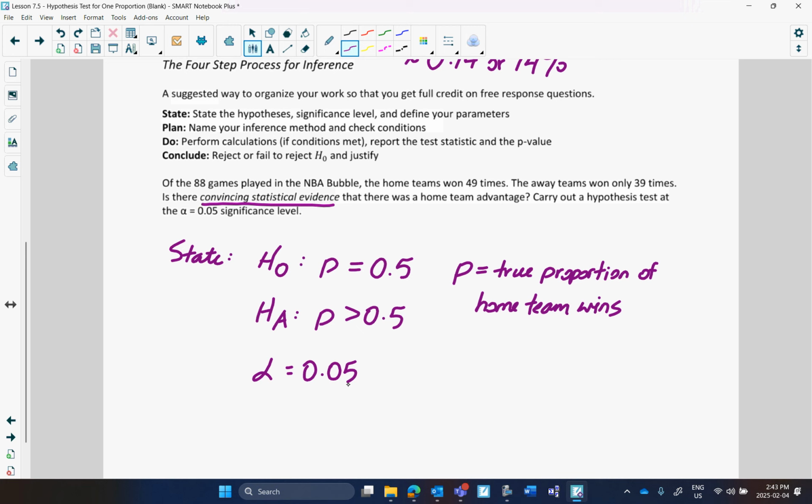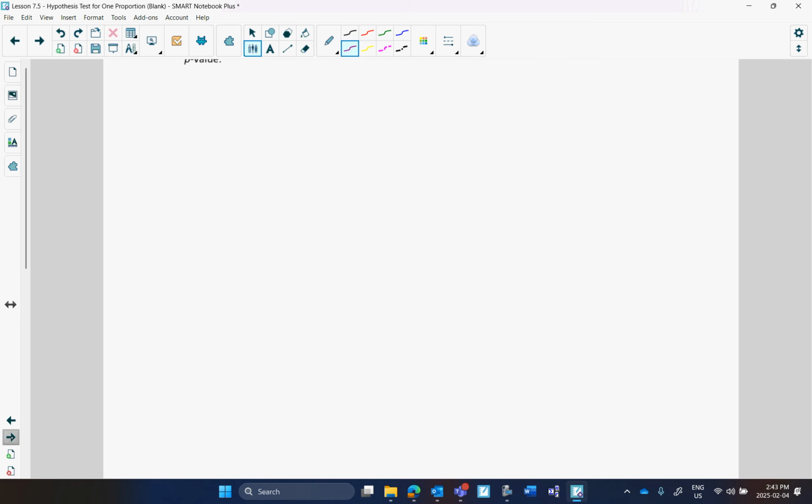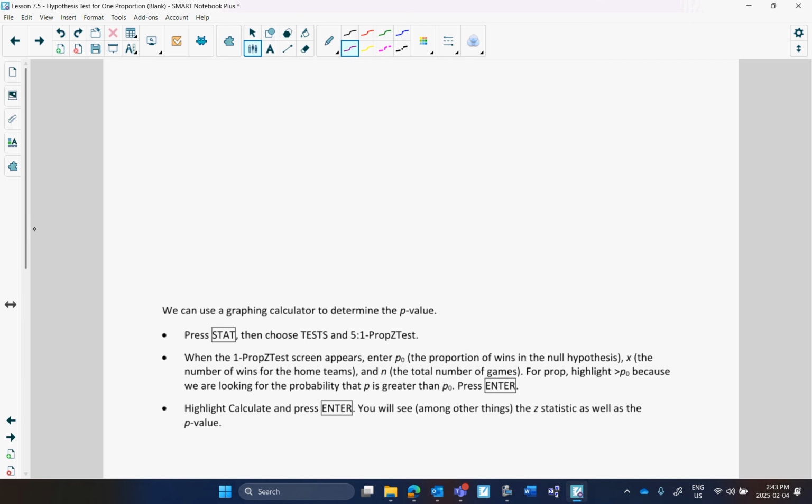The plan phase is to say, okay, what are we going to do? And can we do it? As in, are the conditions met? Okay, so the plan phase, I'll put up here, next page. We are not going to create a confidence interval or calculate a confidence interval.